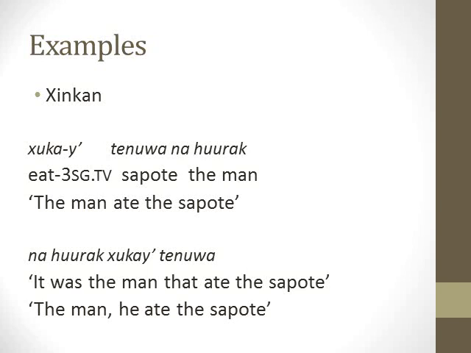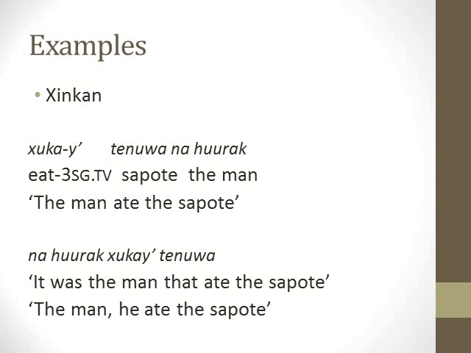In the second line, we have to give glosses or meanings for each of the morphemes we identified. So shuka means eat, and this y, this glottalized y, means third person singular for transitive verbs. Okay. Tenua means sapote, na means the, and hurak means man. So we get "the man eat the sapote." This is how most data will be represented.